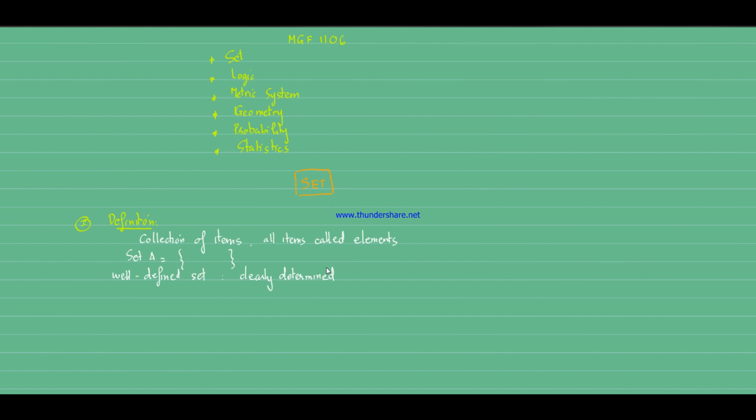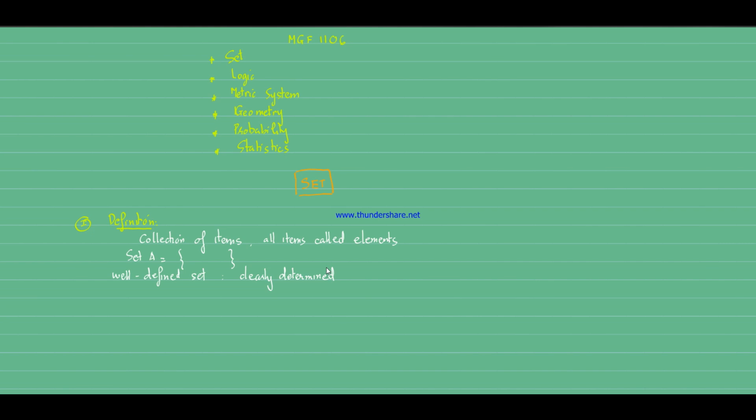If the set is not well defined, then it is poorly defined, and it's very hard to determine the elements of the set. For example, the set of good food. I don't know what good food or good dishes means. Whether food is good or not depends on the people who taste it.